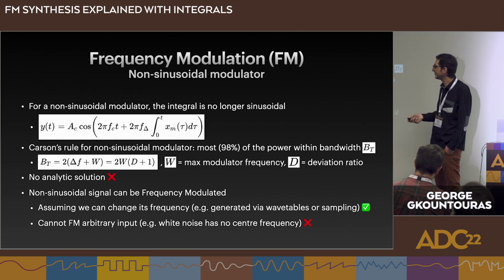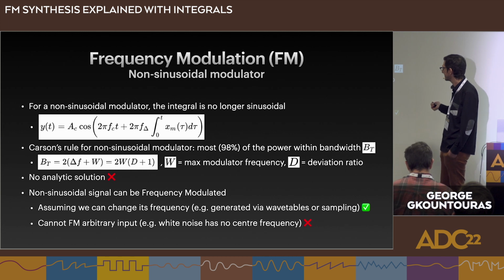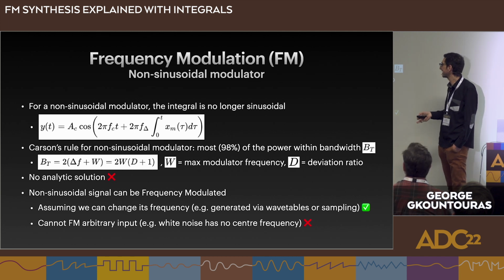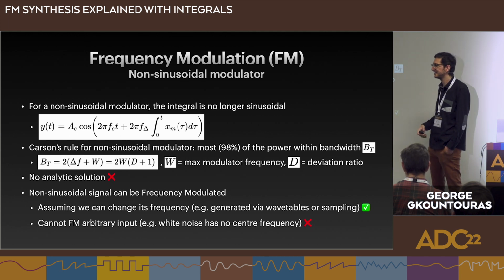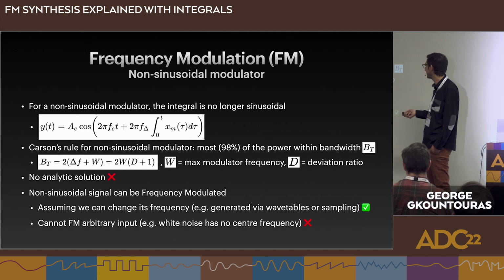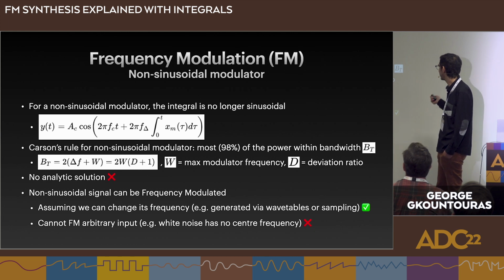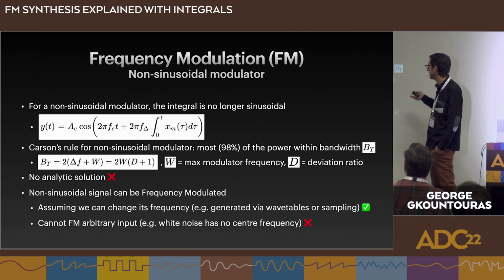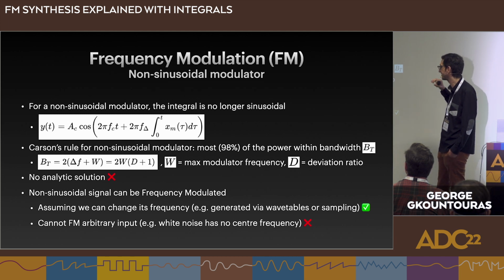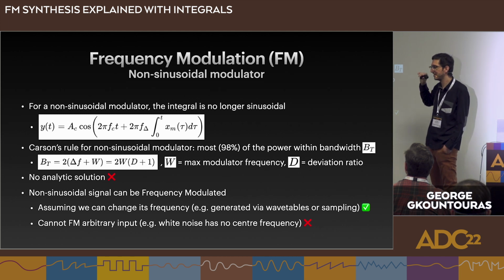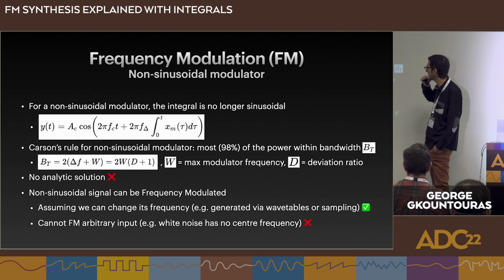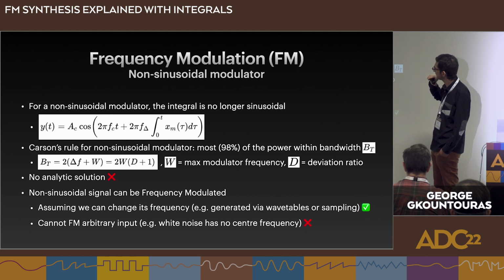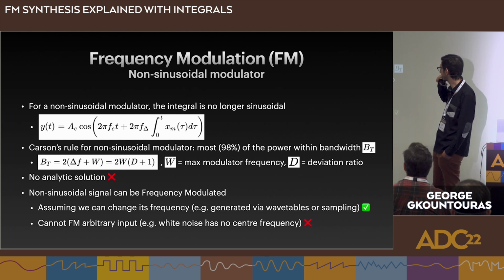The best explanation I found of the bounds we can have is that most of the power is within a certain bandwidth, including this deviation ratio, which I believe is the amplitude of the modulator divided by the deviation frequency, something like that.